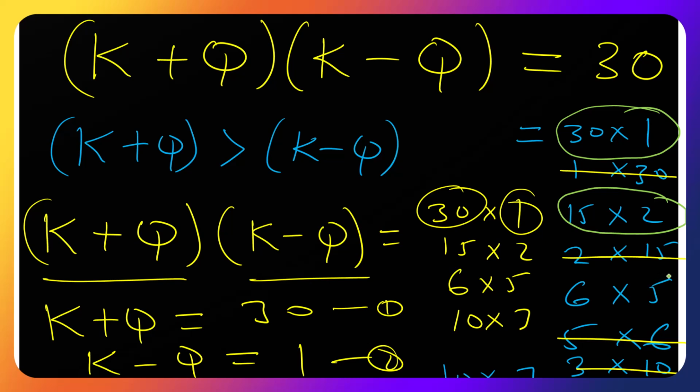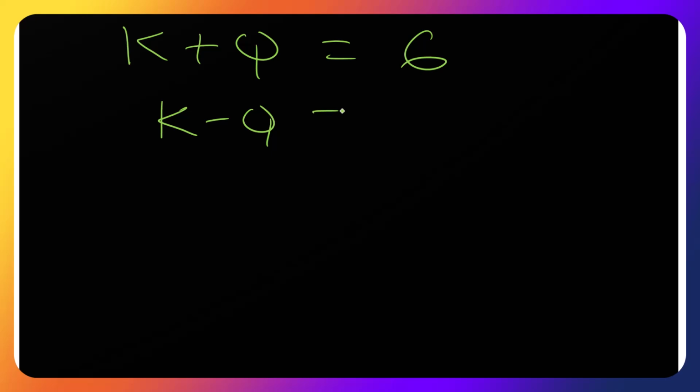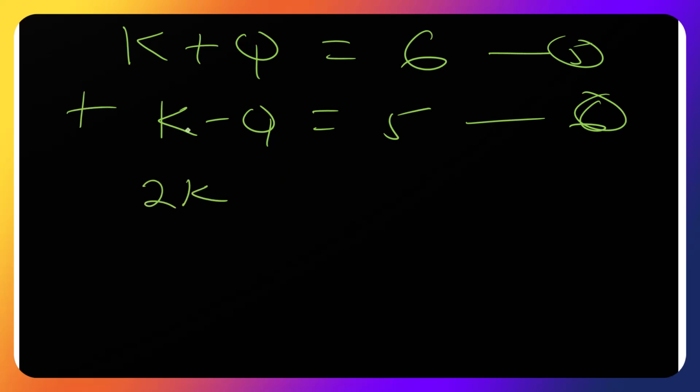Now let's look at the last but one, 6 and 5. So k plus q equals 6, k minus q equals 5. So we have equations 5 and 6. Let's add. That will be 2k equals 11. So k is 11 on 2.